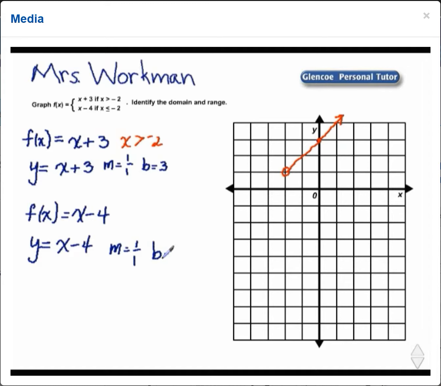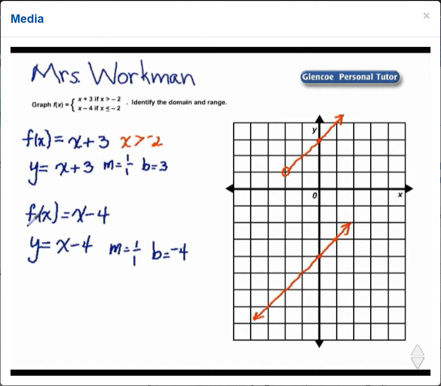And our y-intercept is negative 4. So 1, 2, 3. Here's our negative 4. And a slope of 1 over 1 would be 1 up, 1 to the right. So let's draw in the line that has that slope and that y-intercept. And that line would look like this.